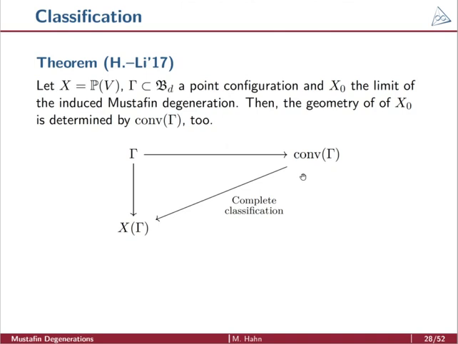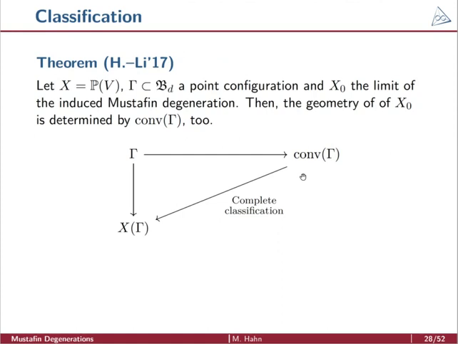And so how we prove this is we take this interpretation of this convex hull as a tropical convex hull, and then we study this tropical convex hull in terms of something which is called tropical intersection theory, which is a combinatorial analog of classical intersection theory in algebraic geometry.